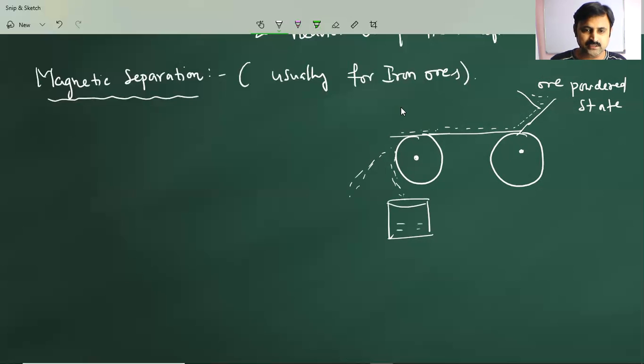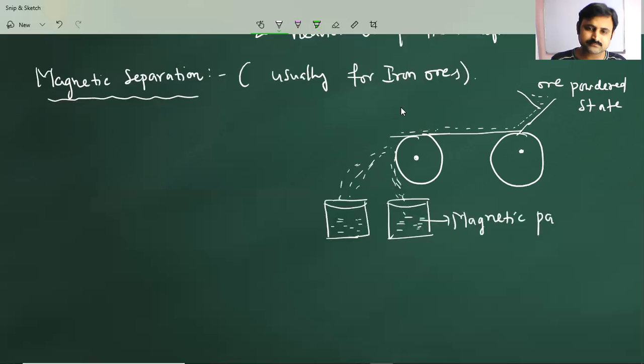One container is kept for substances having a greater magnetic tendency, and the other we call non-magnetic particles. So, magnetic particles and non-magnetic particles. This belt continuously rolls, and this we call a magnetic roller.